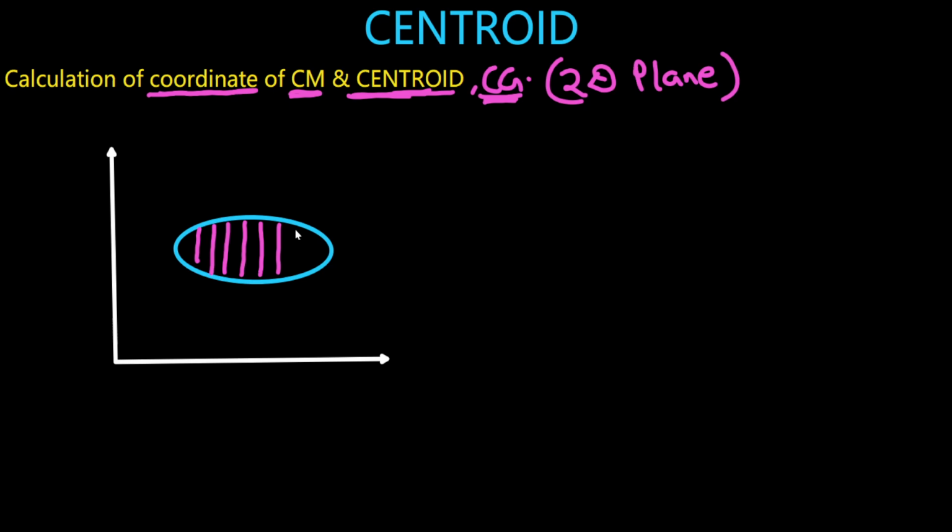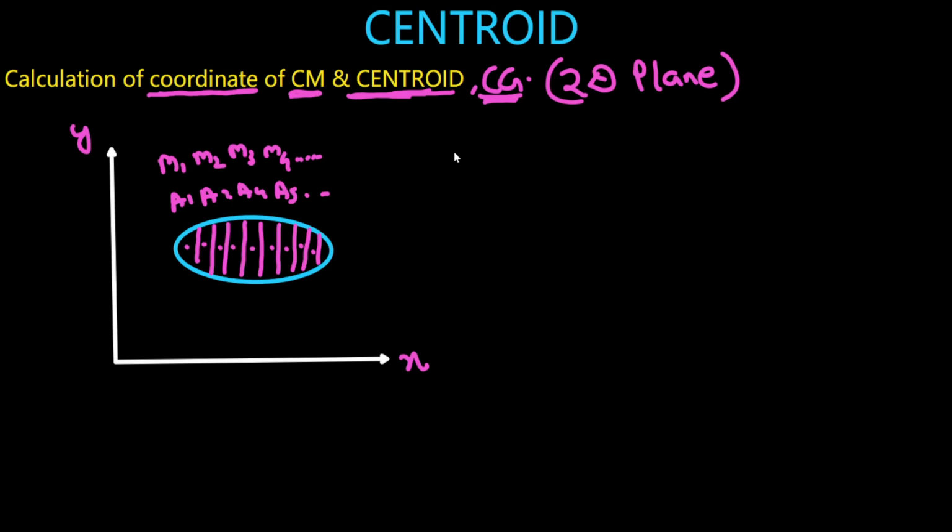Here is the x-axis, here is the y-axis. Suppose this one is called A1, A2, likewise A3, A4, A5, A6, A7, A8, A9. So these are the areas. So all this area A2, A3, A4, A5 up to like this, and this portion of this object having mass M1, M2, M3, M4 like that.